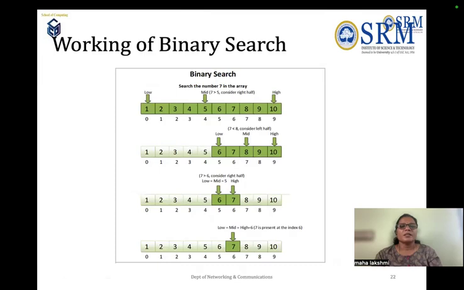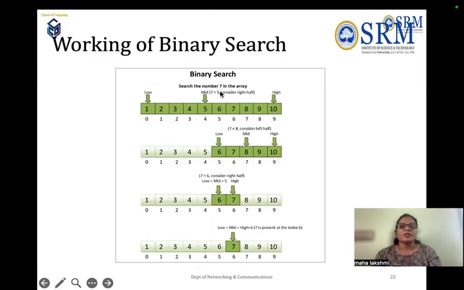Now if you see the binary search, search for the number 7 in the array. First you have to calculate the mid value in a binary search. Linear search works from the start to the end, so searching starts from the first element till the target element. For a binary search, first we have to find the mid value of the entire list. So here the mid value will be 5.